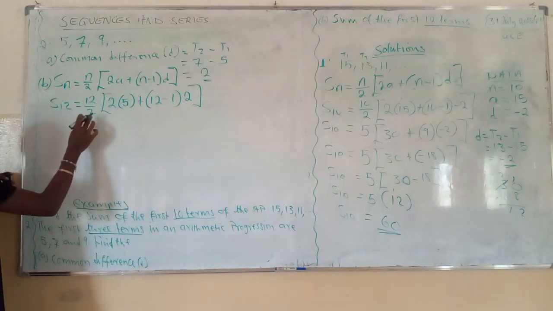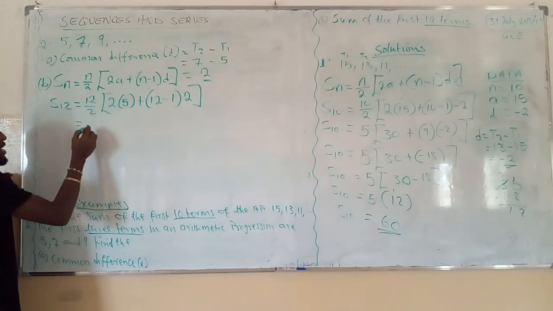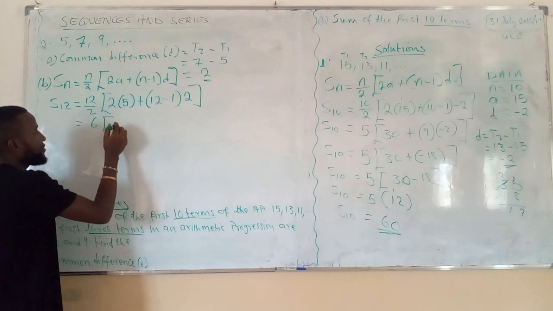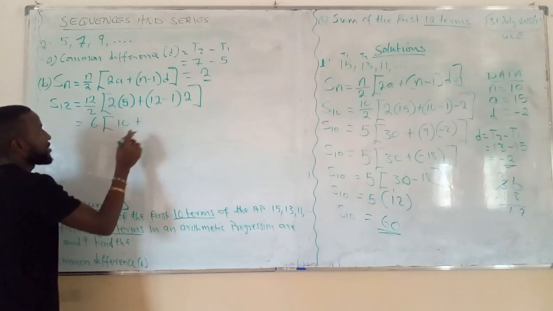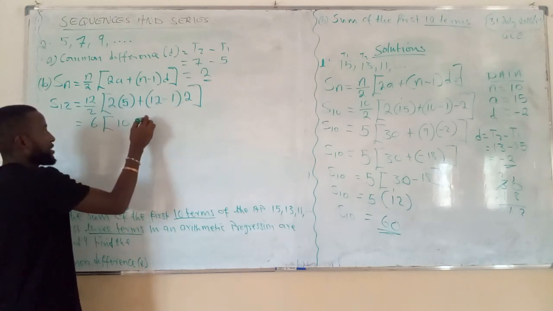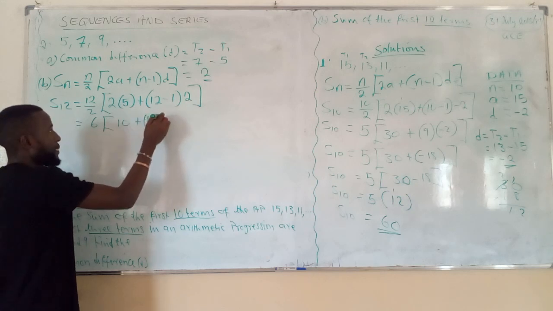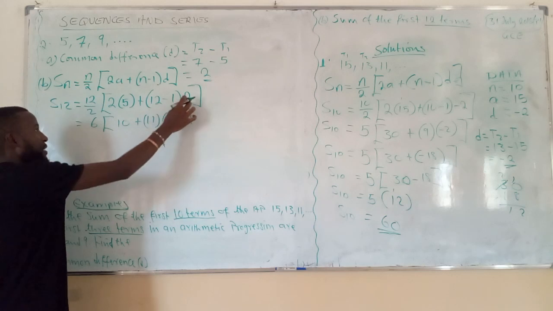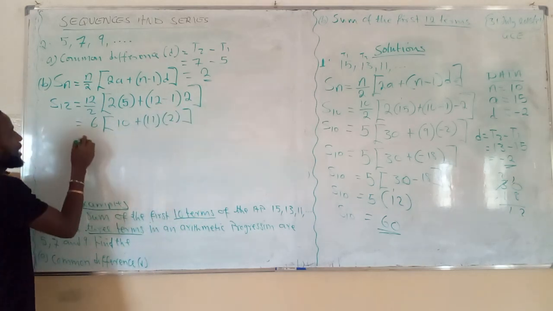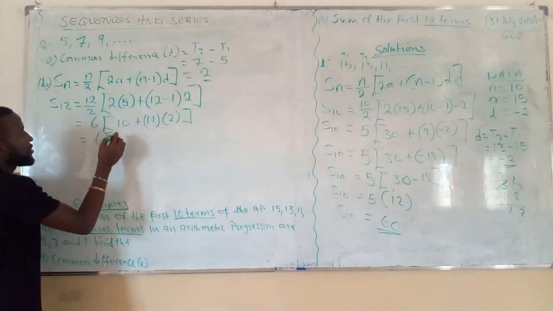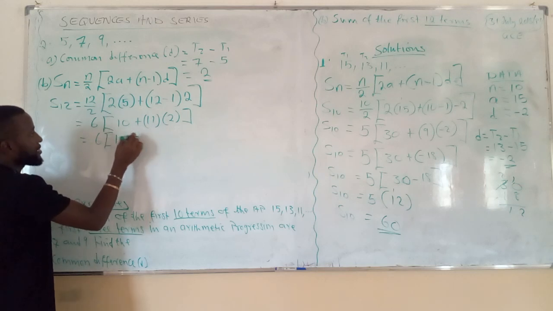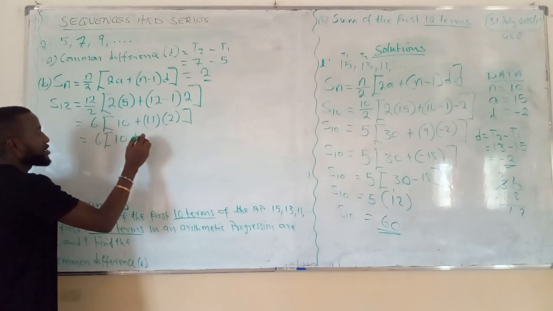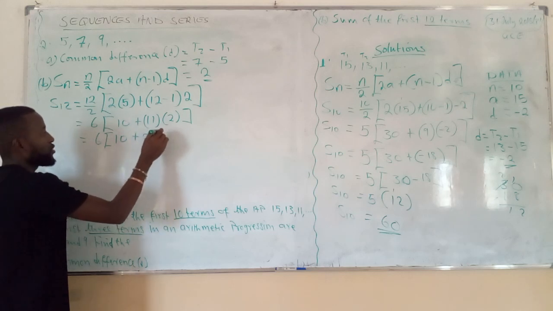12 over 2 is 6. 2 times 5 is 10, plus 12 minus 1, which is 11, multiplied by 2. 11 times 2 is 22.